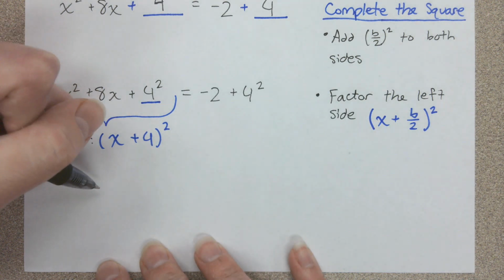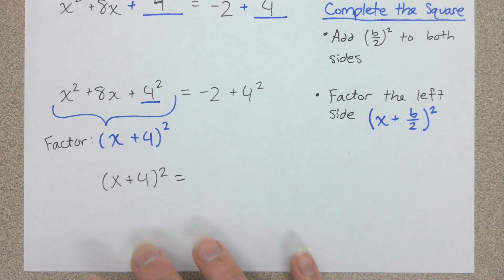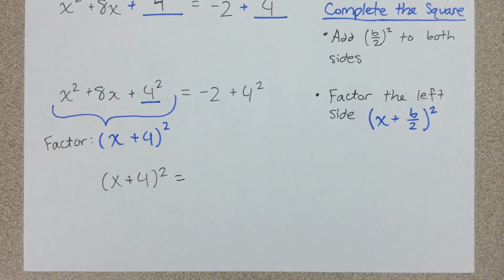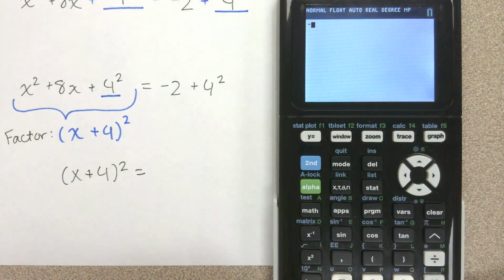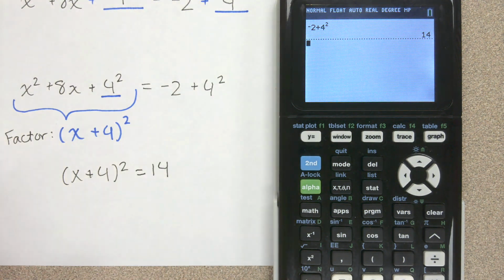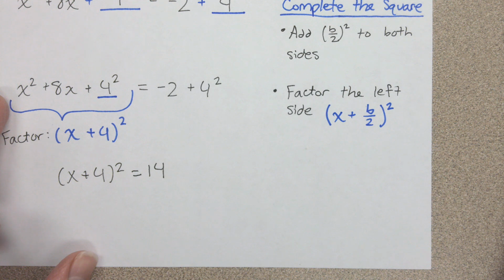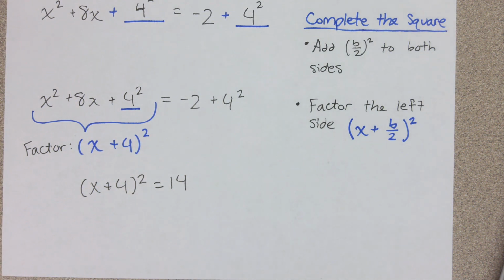So my equation now becomes x plus 4 squared equals, and then the right side you're always welcome to figure out whatever that number is. You're welcome to do that either with your calculator or with your own mental math. x plus 4 squared equals 14. And then as far as completing the square, I'm done.